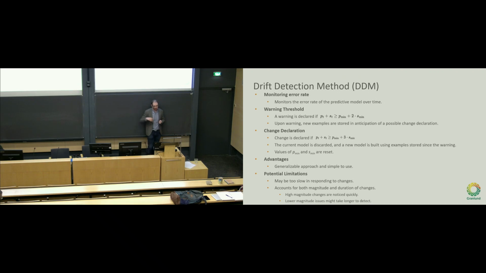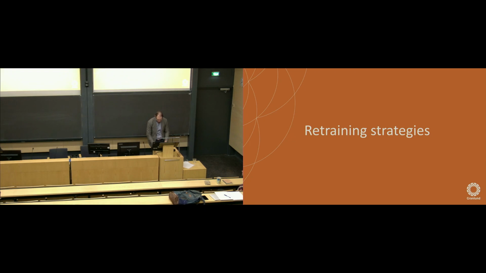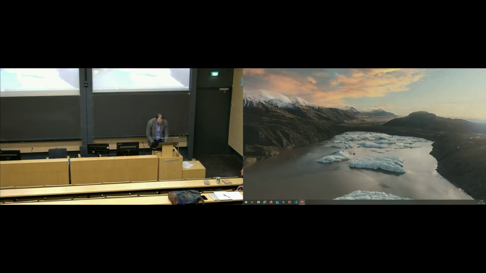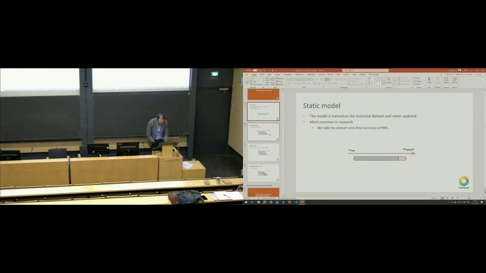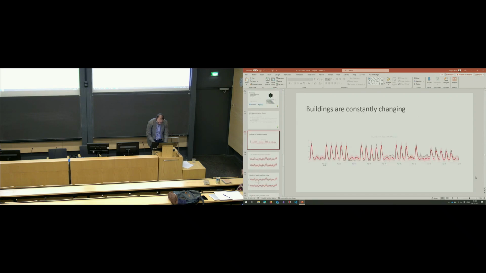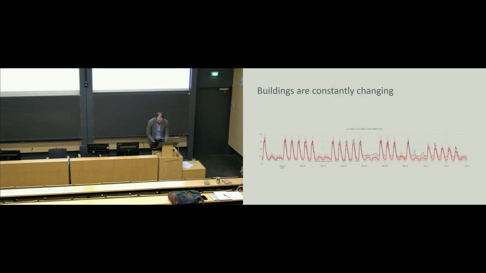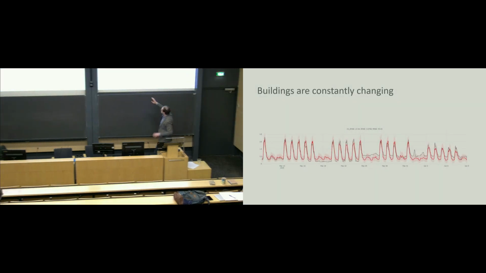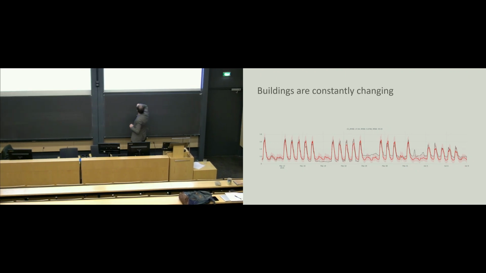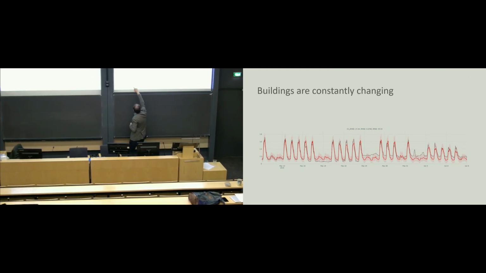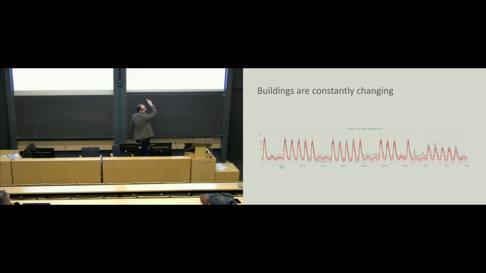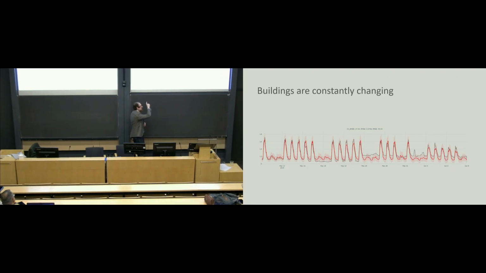In the case of electrical consumption, especially if it doesn't have heating, here this is electrical consumption, I think of an office building. It's very predictable when it behaves normally.